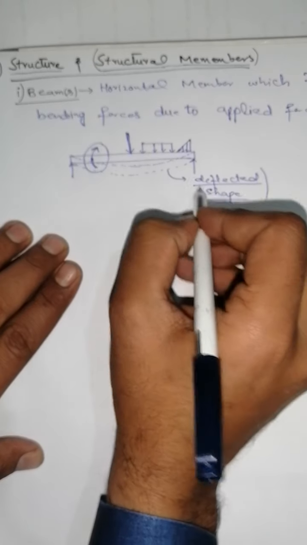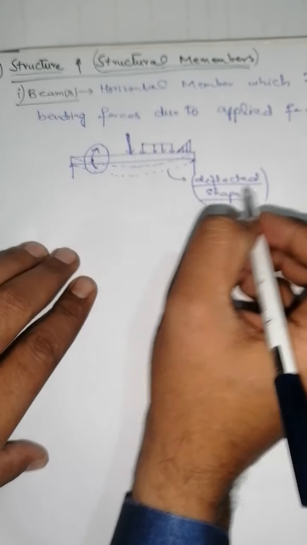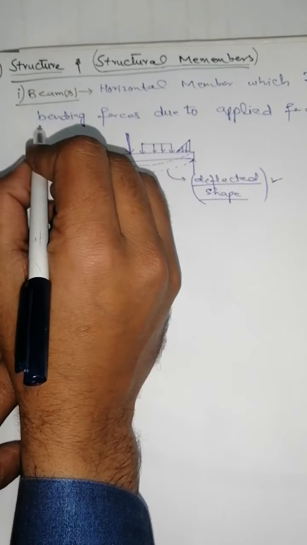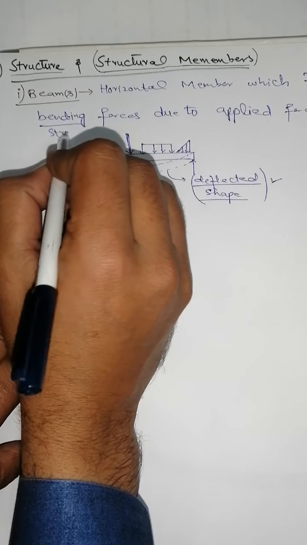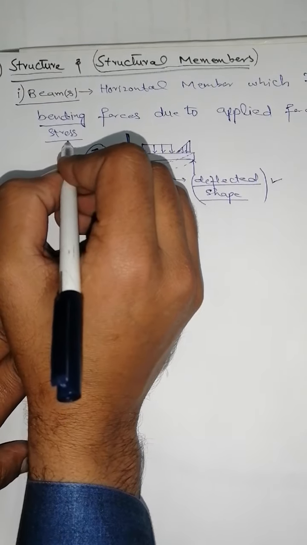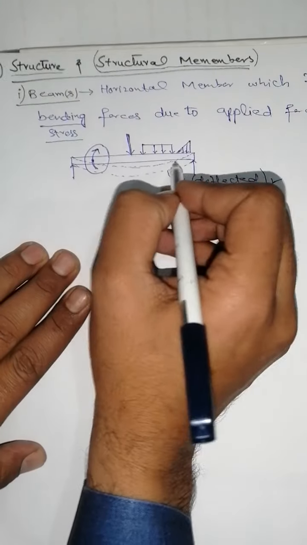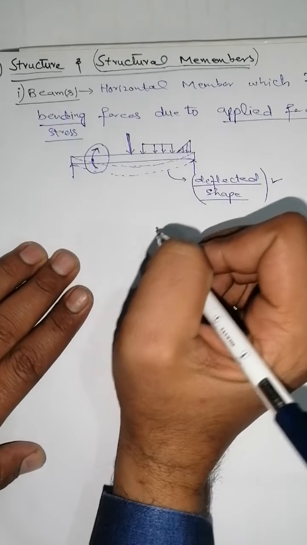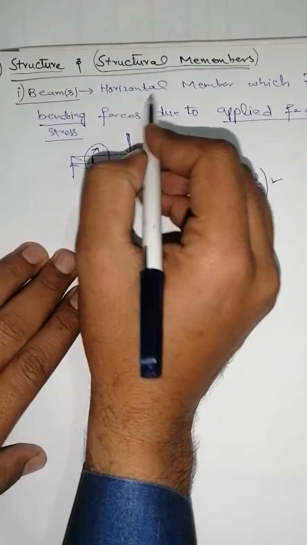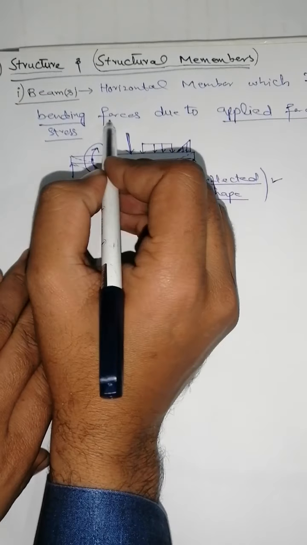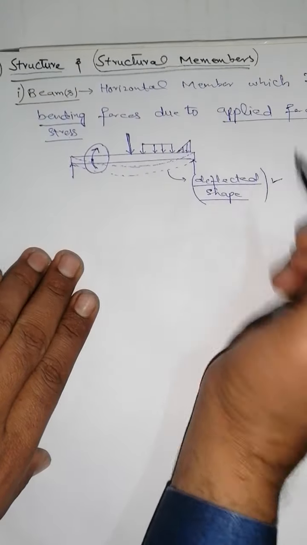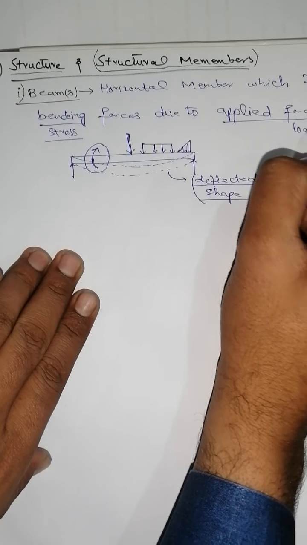It is developed due to bending stresses which are created in the beam sections due to applied forces. So beams are horizontal members which face bending forces or bending stresses due to applied forces or applied loads.